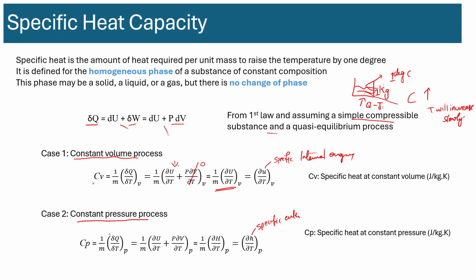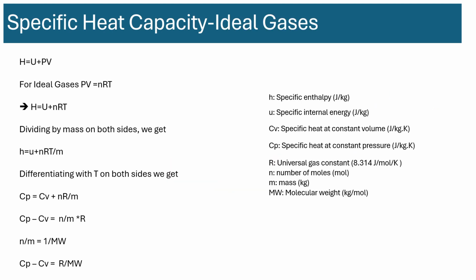Cp is the specific heat at constant pressure, okay? And the units are joules per kilogram per Kelvin. And we will look into CoolProp on how to derive that. But the next step is, how are the Cp and Cv related to each other?